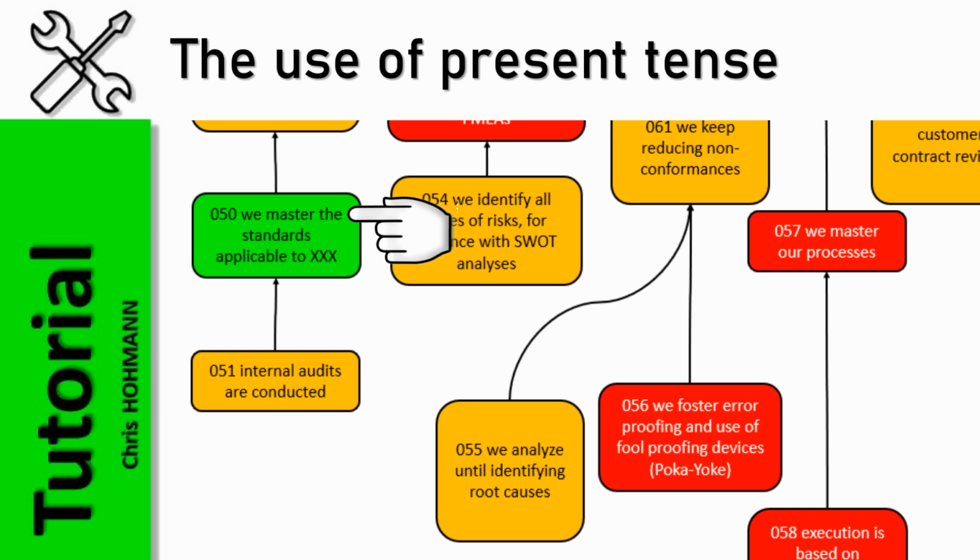When it is read aloud, we master the standards applicable to a given line of products. If the people agree without reservations, this is most likely a green. Using present tense simplifies and unifies the verbalization, but most importantly, helps to assess the prerequisites, also called necessary conditions.